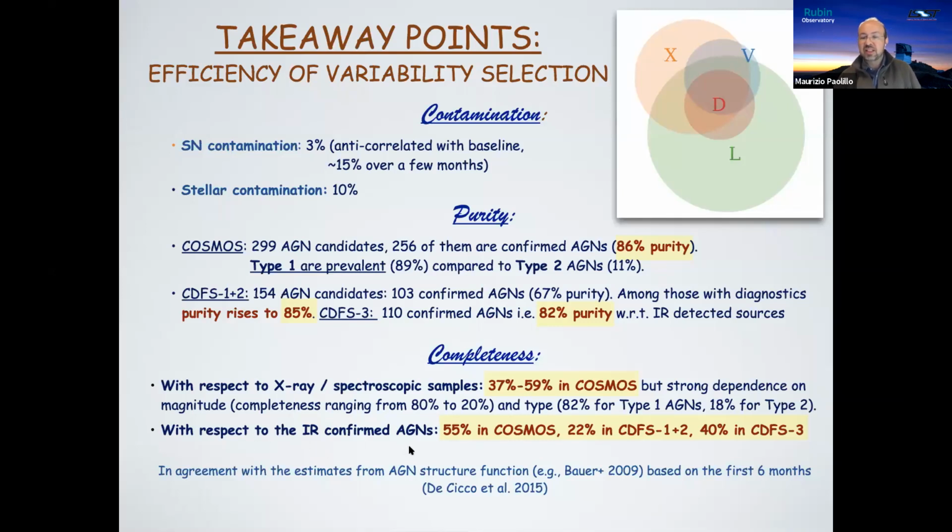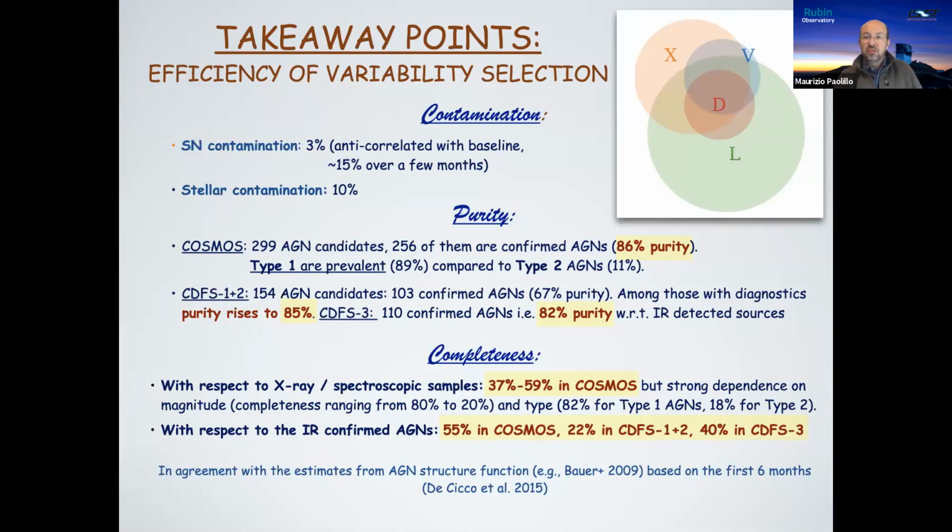And with respect to infrared selected, you have about 50%, and then again it depends how obscured the object is, because you're missing the AGN emission if it's too obscured in the optical.